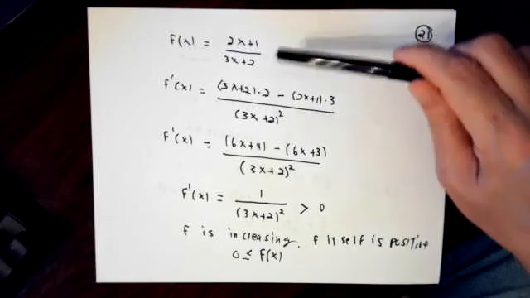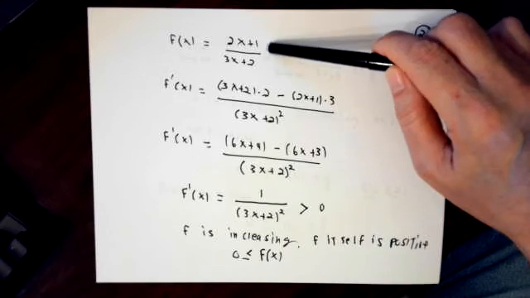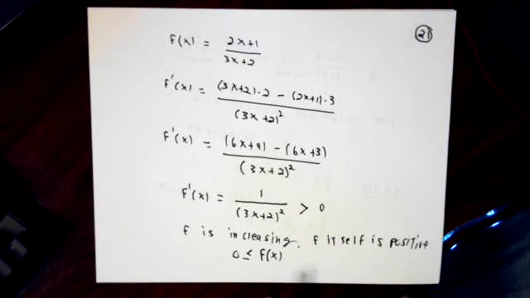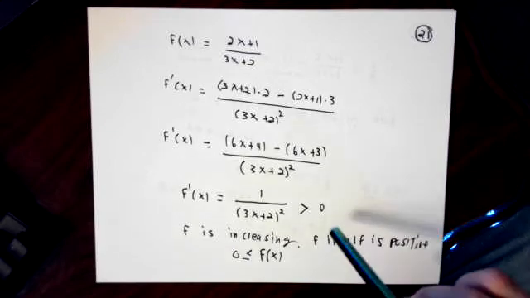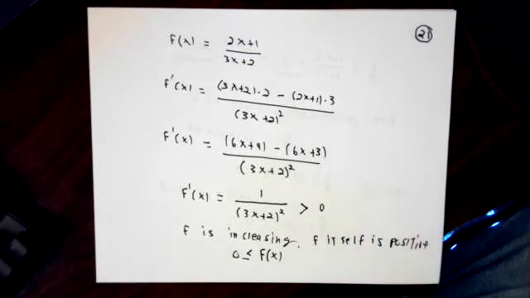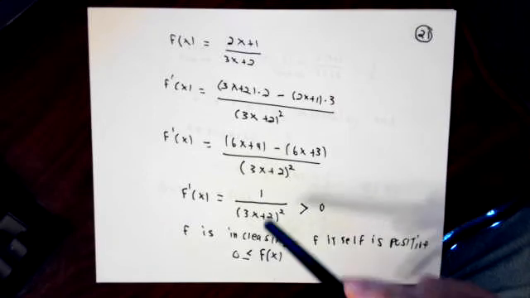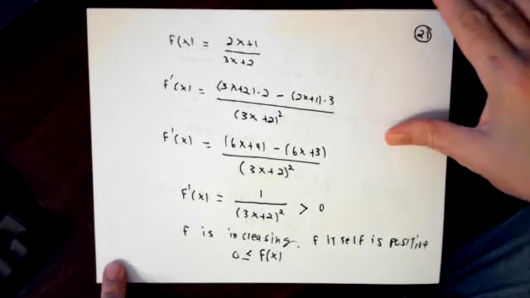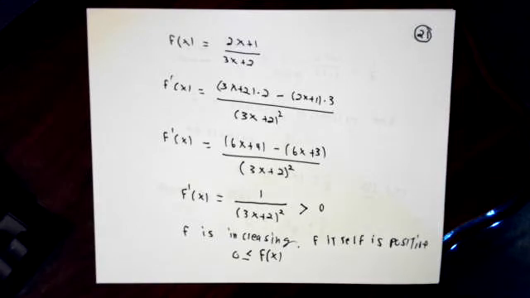Also, obviously, on that interval, the function's positive, so I know that 0 is a lower bound for the function f, and what I want to see is if I have any maximums or minimums or anything. The function is increasing. There is no place where f prime of x is 0. The top of the fraction would have to be 0. So the function is increasing, and it doesn't have any maximums or minimums.